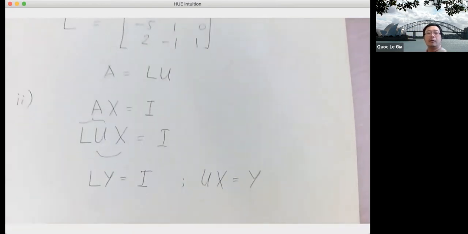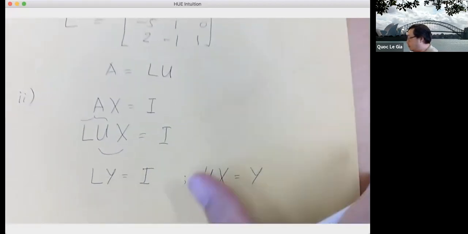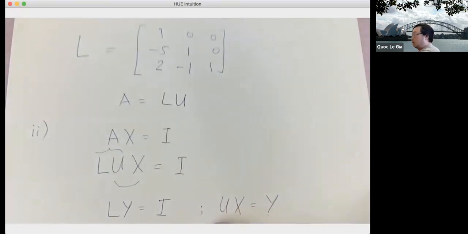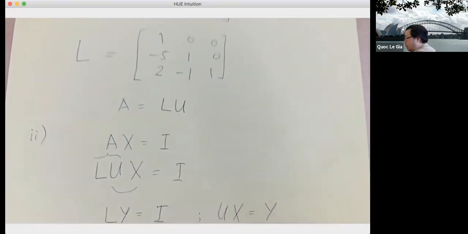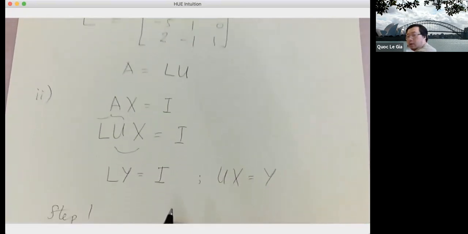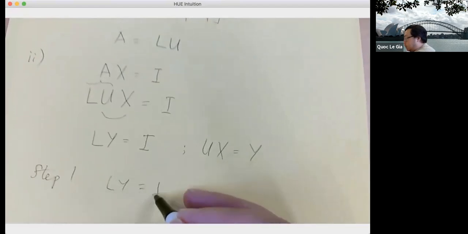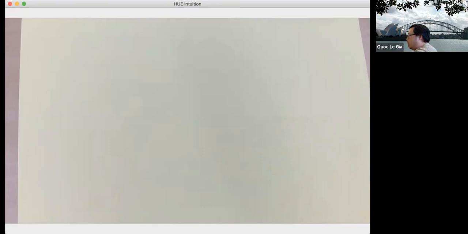Okay. So now, how do I solve LY is identity? Well, we can do it step by step. So solving, I say step 1 is LY equals identity. So now let me do step 1 first.